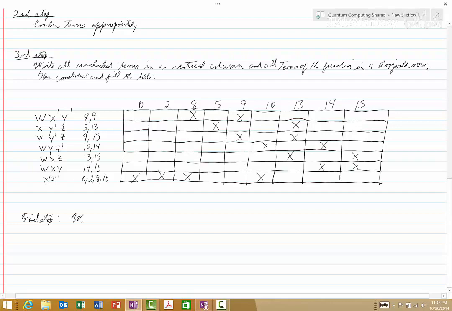write down the most efficient expression for your function.